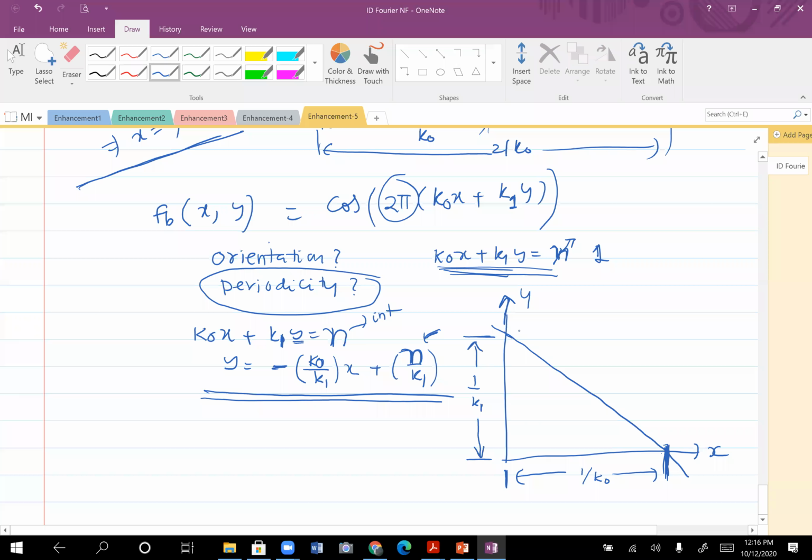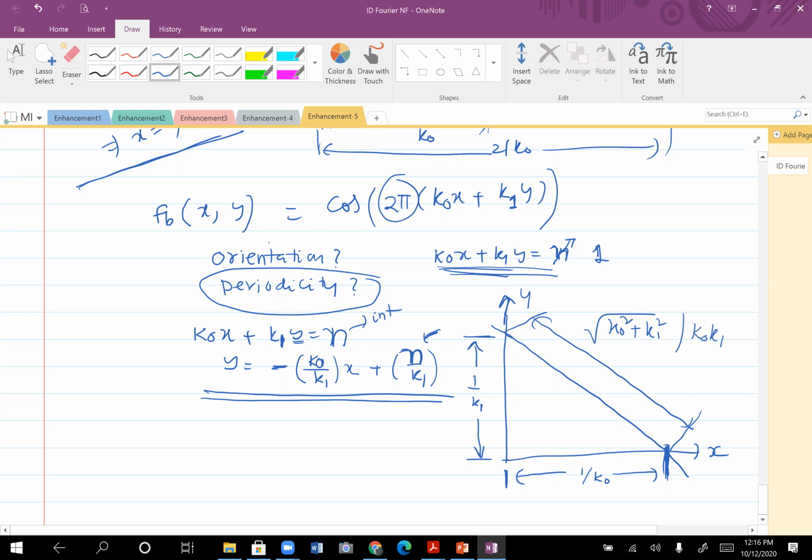So now what would be this length? This length would be equal to the square root of k naught square plus k1 square divided by k naught k1.